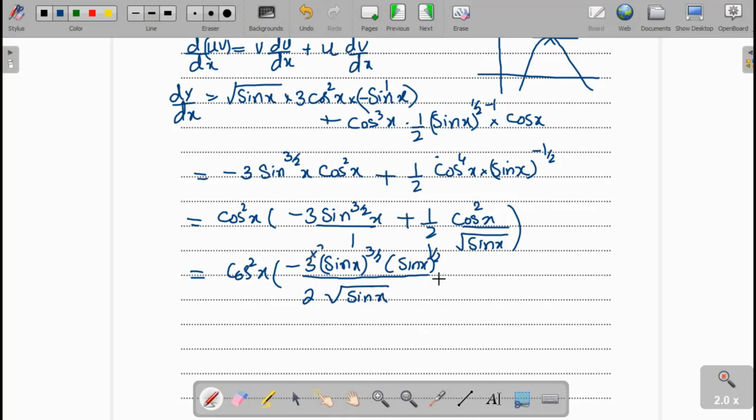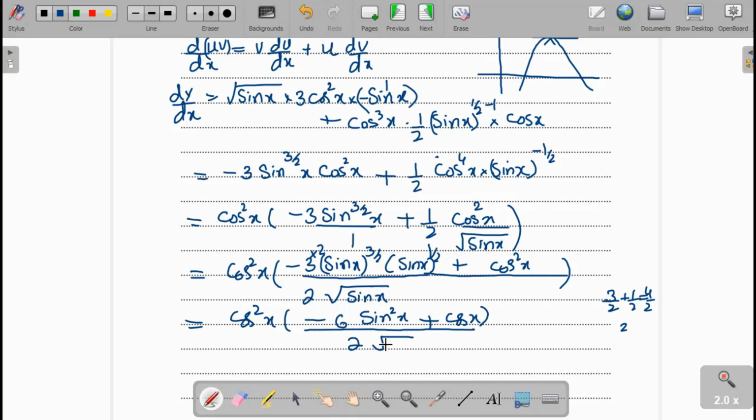Now plus the value written as it is, cos squared x. Therefore cos squared x into minus 6 sin squared x plus 1 over 2, and that value becomes 4 over 2 is equal to 2. Therefore we can write minus 6 sin squared x plus cos squared x over 2 square root of sin x.